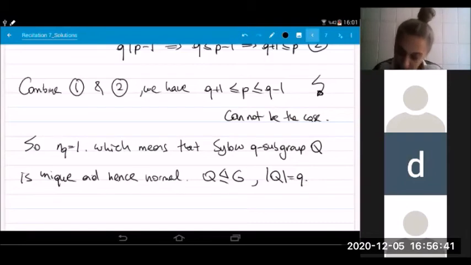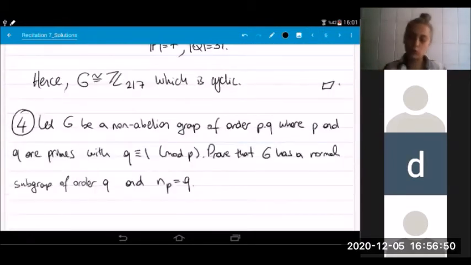We were asked to see whether G has a normal subgroup of order Q, and we have found that the Sylow Q subgroup, which has order Q, is a normal subgroup of G.